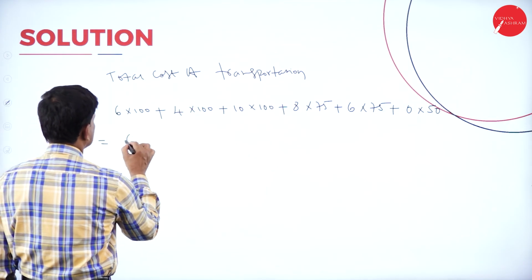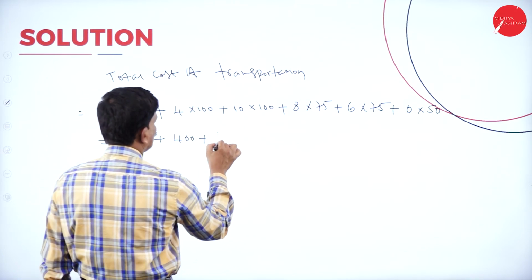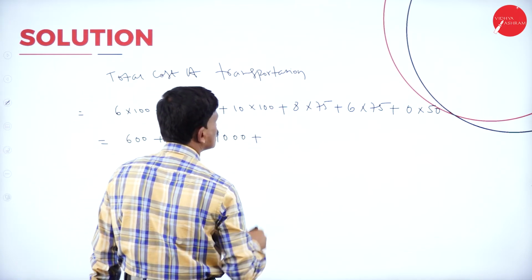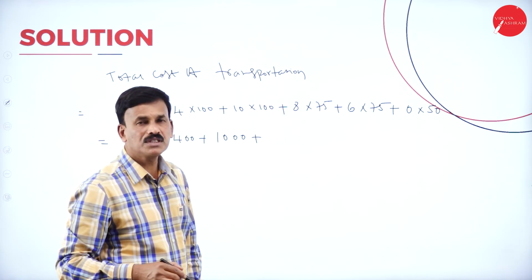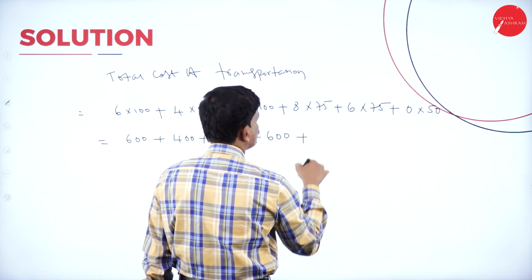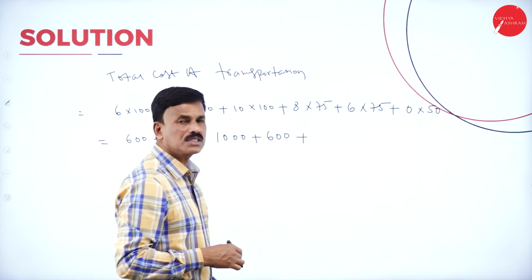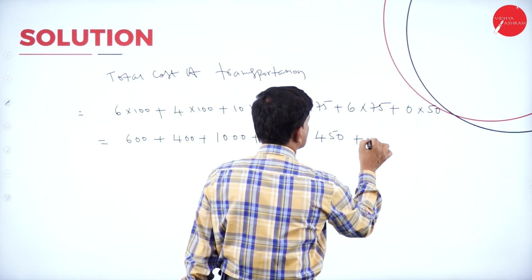6 into 100 is 600, 4 into 100 is 400, 10 into 100 is 1000, plus 8 into 75 is 600, plus 75 into 6 is 450, plus 0.